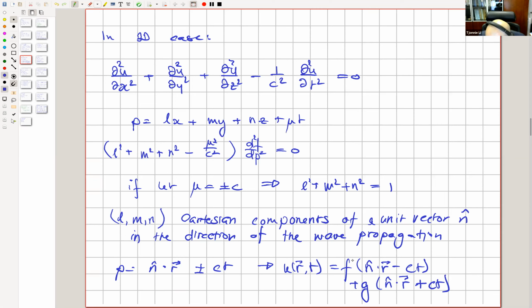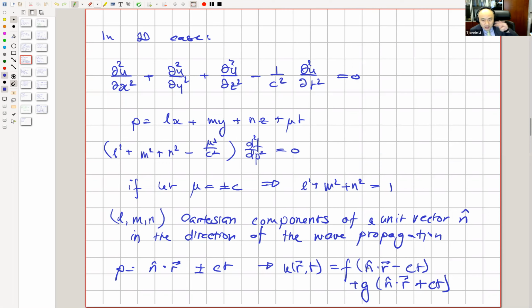In such a way that I can write the form here, n dotted with r. So this is simply specifying how much x, how much y, how much z there is.